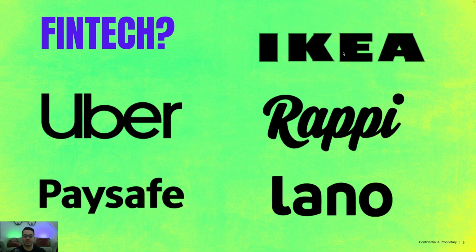We know IKEA, furniture selling online. Rappi, I believe that's delivering goods and services. PaySafe, this is a payments company that also specifically highlights the entertainment industry. We have Lano, that is overseeing your employees and paying out to your employees.